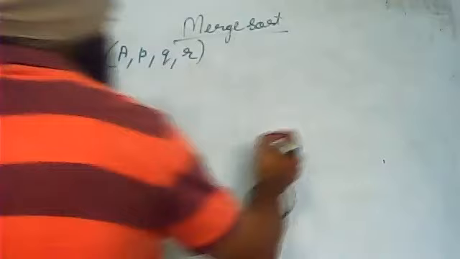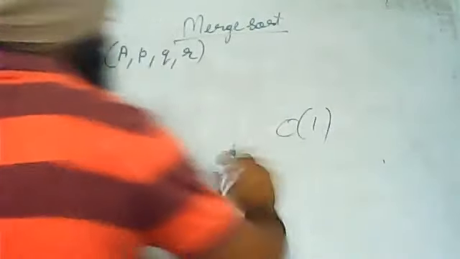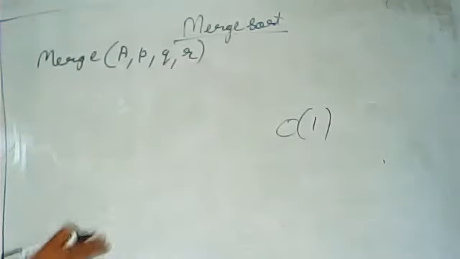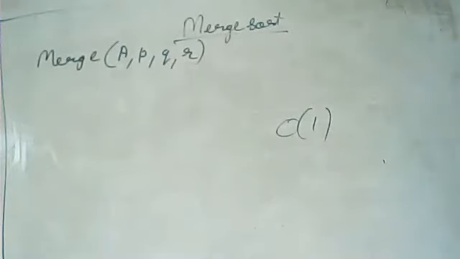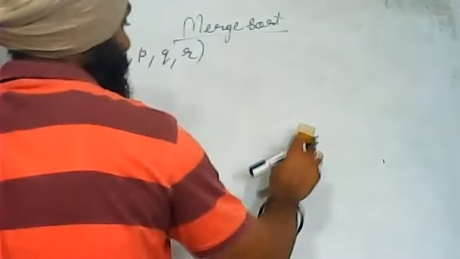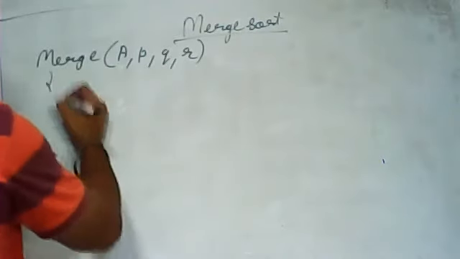In insertion sort, the space complexity was big O of 1, the order of 1. The worst case is considered in the case of space; there is no best case or average case in space complexity.